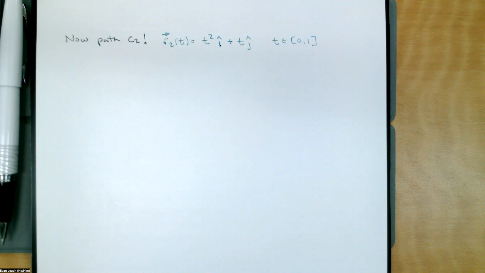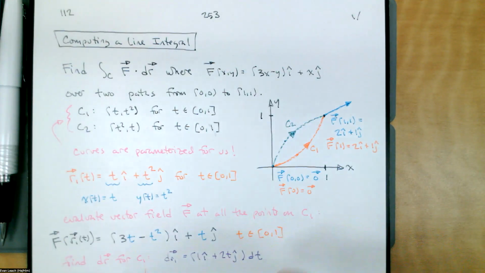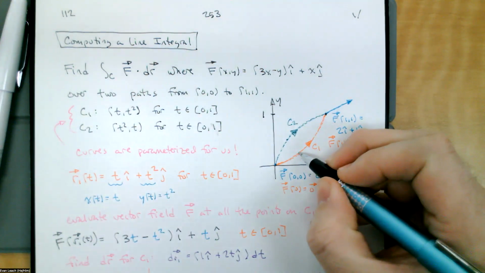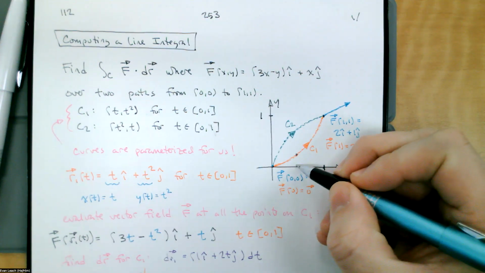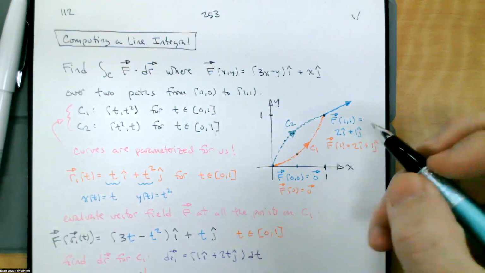Because I'm not very creative. But the vectors that we're going to experience in each of those two different paths will be different, right? So think about the vectors at this point. On C1, we have this point 1/2, 1/4.